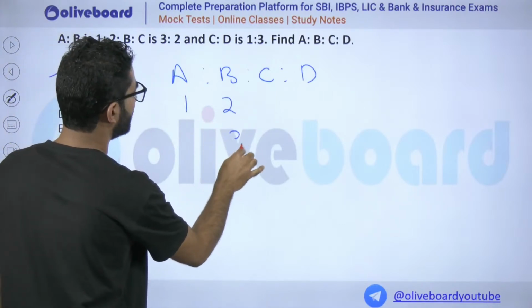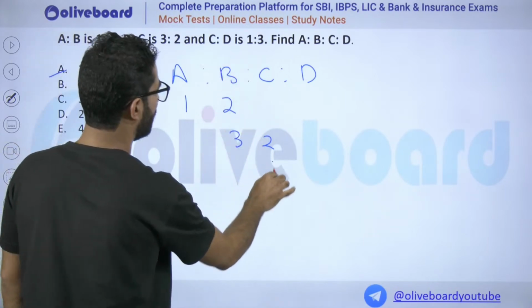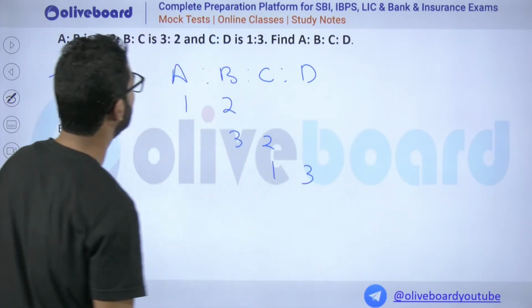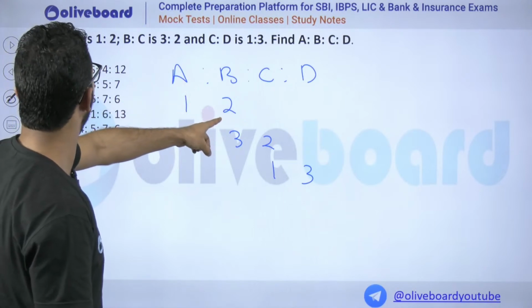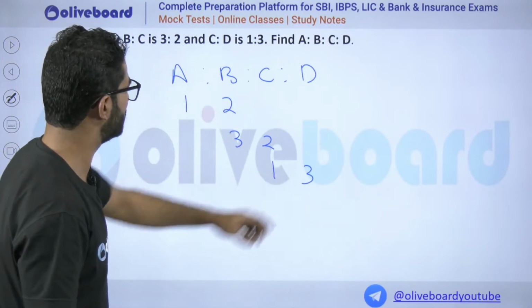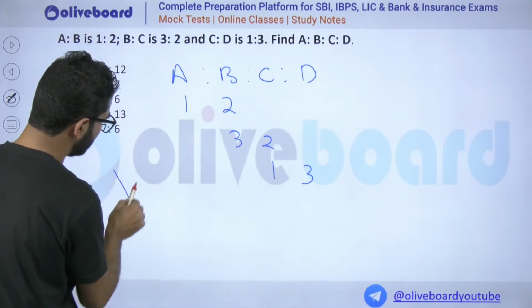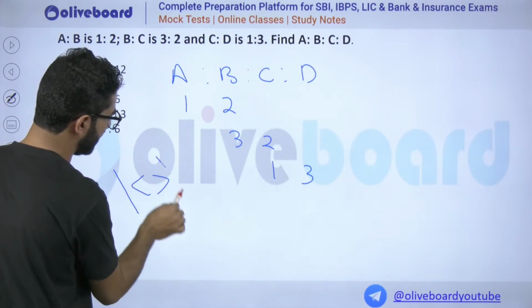1, 2, 3, 2. Okay, then 1, 3. 1, 2. Okay, 3, 2. Then 1, 3. What will be the value? Sir, you told me this method: this line, then this angle, and then this angle.